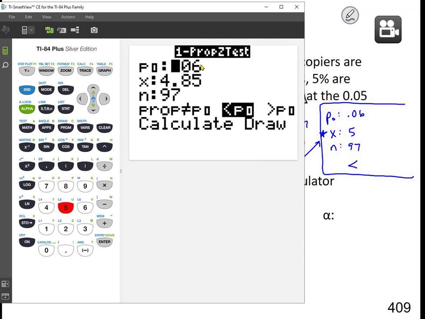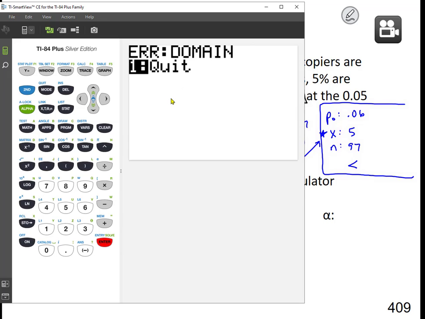I've already put in 0.06, 4.85, 97. And if I leave that as a decimal, I wanted you to see, you will get an error in the domain, which if you remember your algebra, that's the x. And so we're going to press quit, go back.